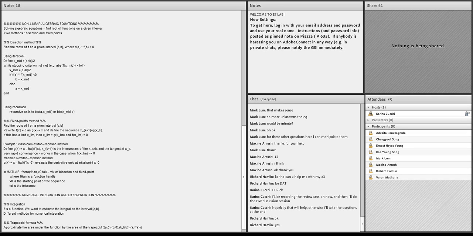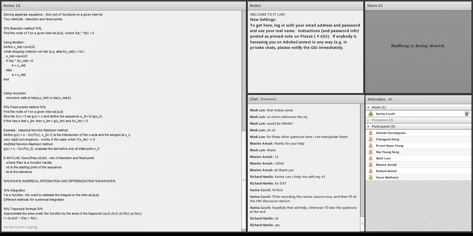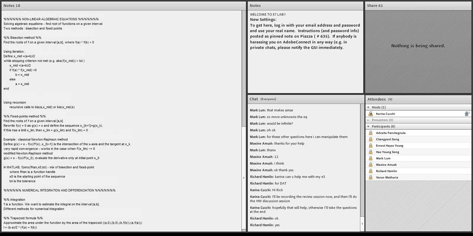So you estimate the value of the integral by the area of this trapezoid. And the integral is then defined by the width, the length of the interval, so b minus a, and then fa plus fb divided by 2. So this is the area of the trapezoid.